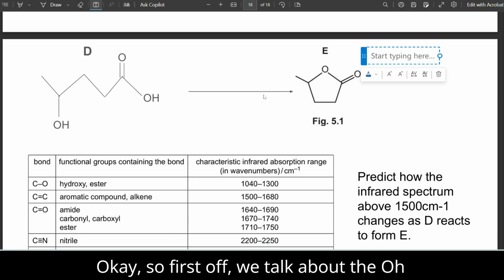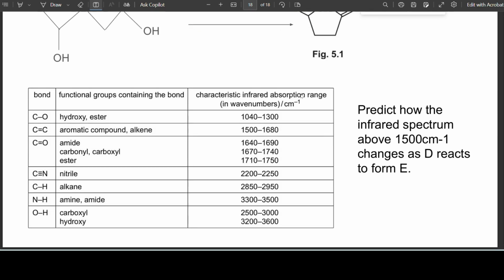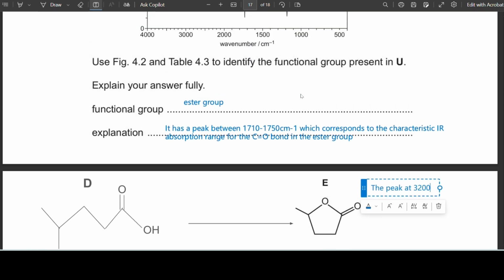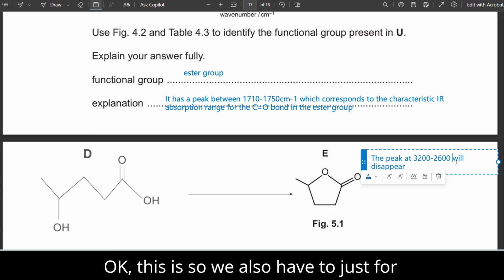Okay, so first off we talk about the OH bonds. So the peak at 3200 disappears.